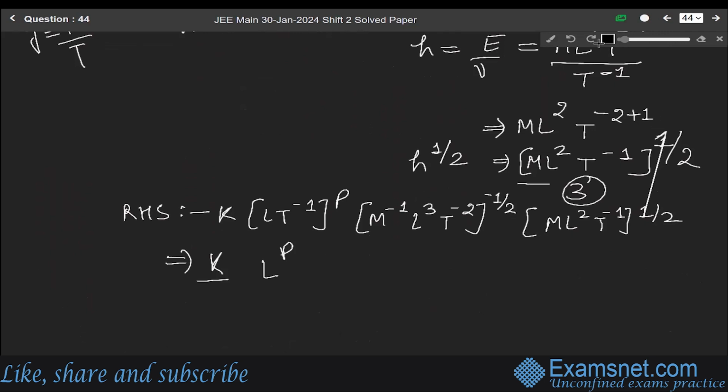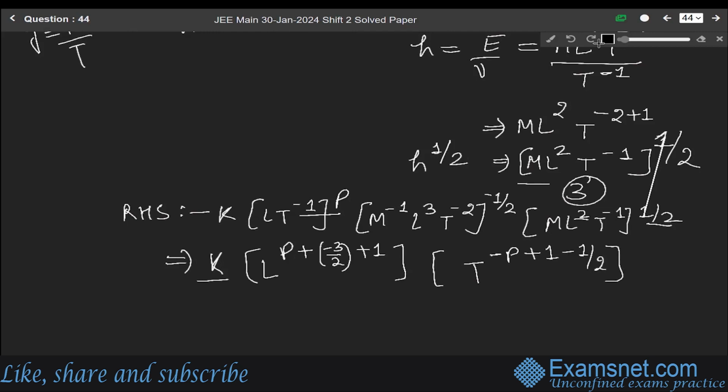L to the power p plus minus 3 by 2 plus this 1. Then T to the power minus p, this will be minus minus plus 1, and then this will be minus 1 by 2.